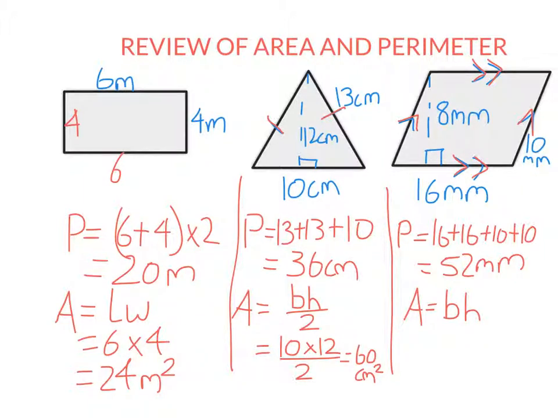Again, h means perpendicular height. So the area of this wouldn't be 16 times 10, it would be 16 base times 8, because 8 is the perpendicular height, and that gives you 128, in millimeters squared. How easy is that?